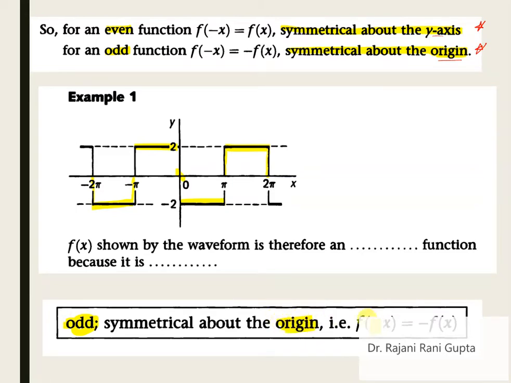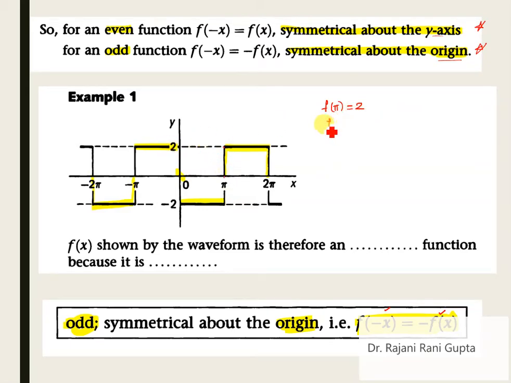Once it is an odd function, we know that f of minus x is equal to minus of f of x. So you can even check the values of the function, like say we have to prove this thing. We have the values at pi, minus 2 pi and 2 pi. So check the value at pi. The value of the function at x equal to pi is this value, which is 2.